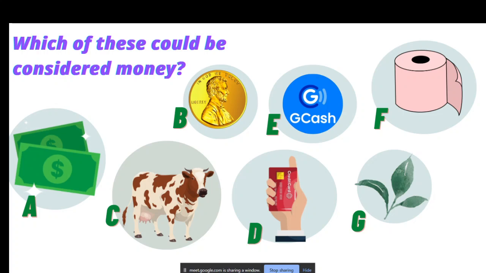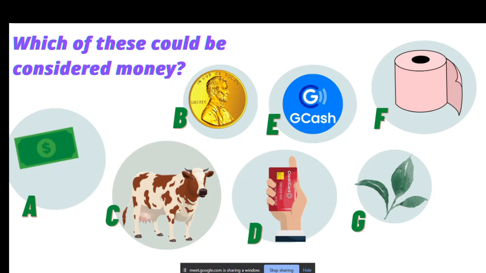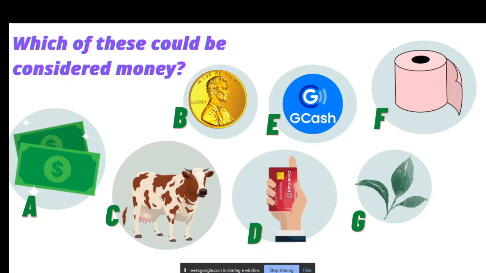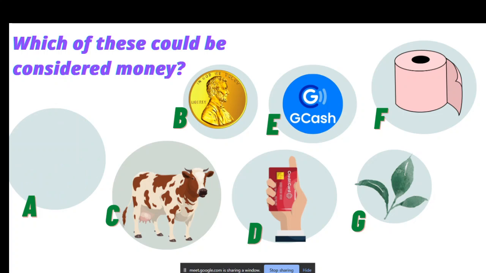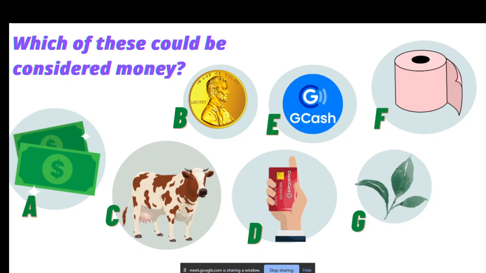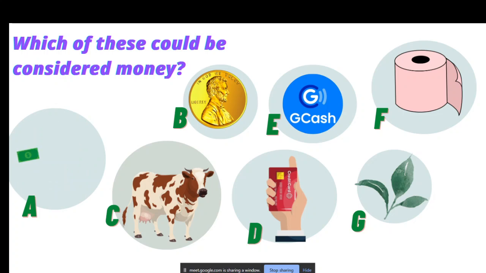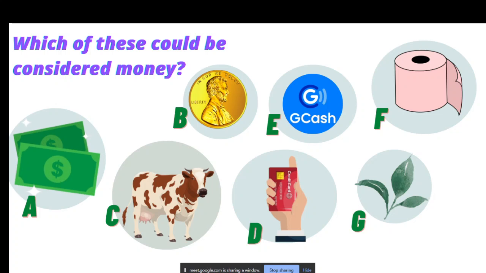If you don't want to volunteer, sige, let's have Brent. Brent, can you give me just a letter of what could be considered money here? A, B, C, D, E, F, G. A. A, okay, correct, right? That's money. How about something that could not be considered as money? Chloe. Saan dito yung hindi pwede?